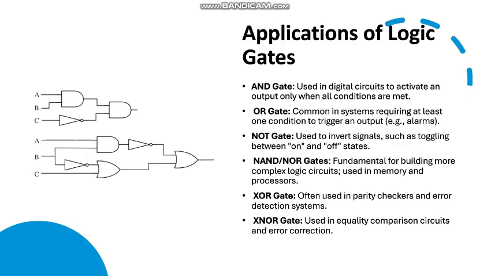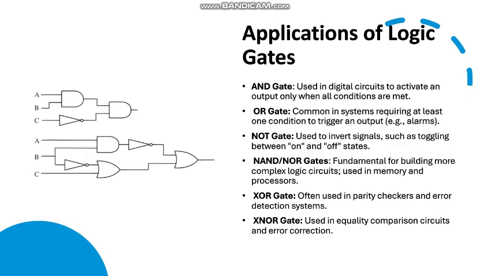Applications of logic gates. AND gates are used in digital circuits to activate an output only when all conditions are met. OR gates are common in systems requiring at least one condition to trigger an output. NOT gates are used to invert signals, such as toggling between on and off states.